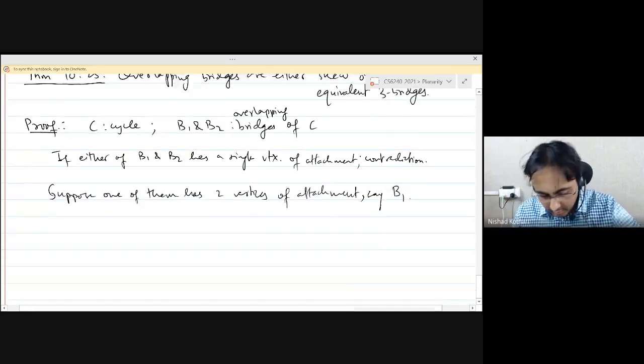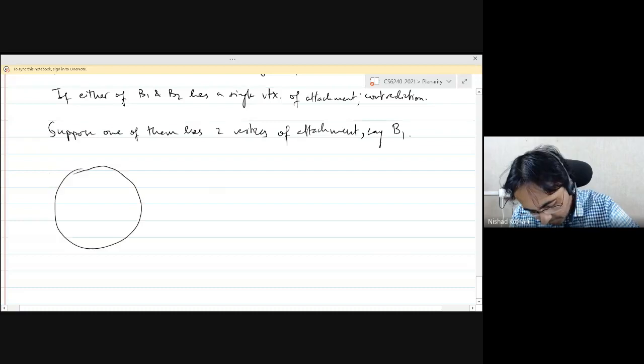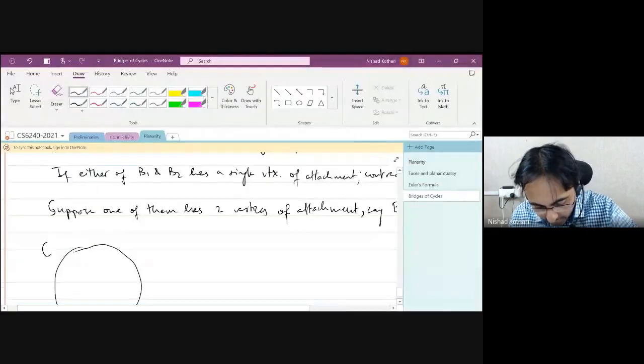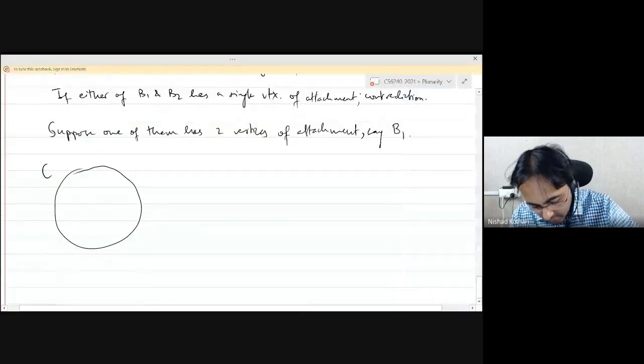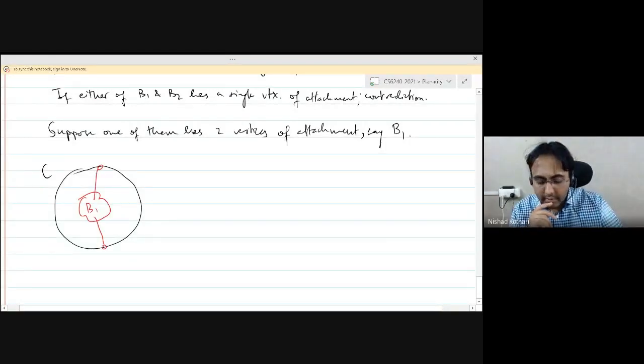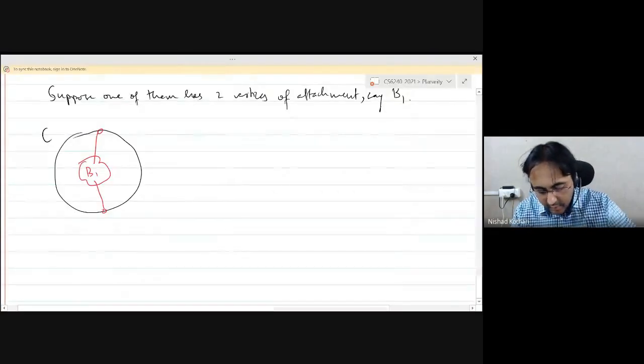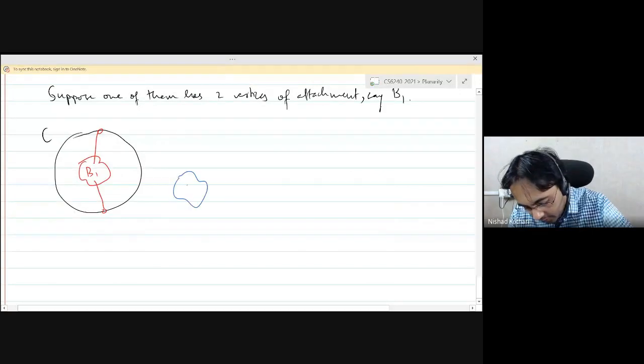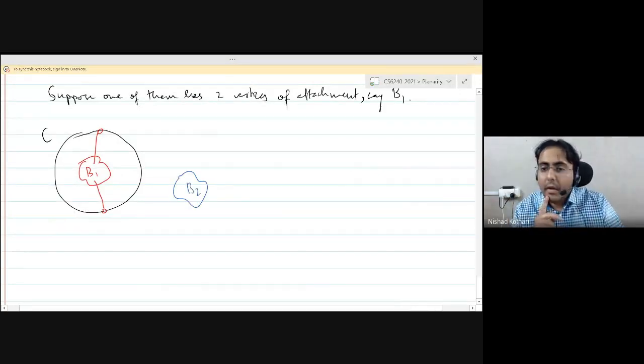Okay, so let's make a quick drawing. So we have the cycle C, and we have a red colored bridge B1, and it has two vertices of attachment. Well, in this case, let's look at the other bridge, blue colored B2. So let me draw it here for convenience.